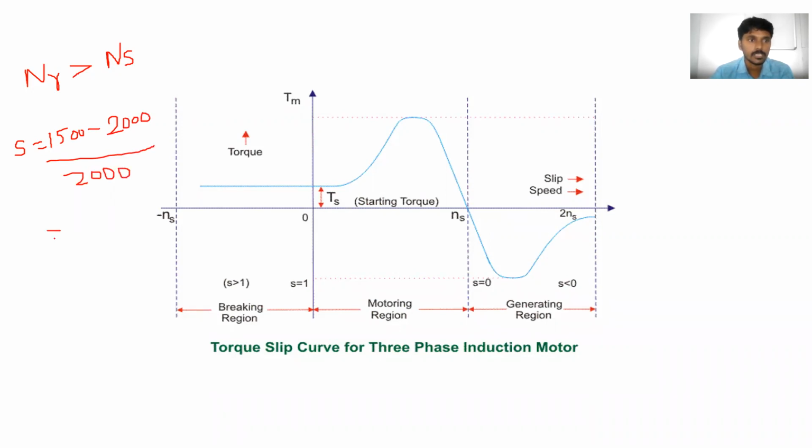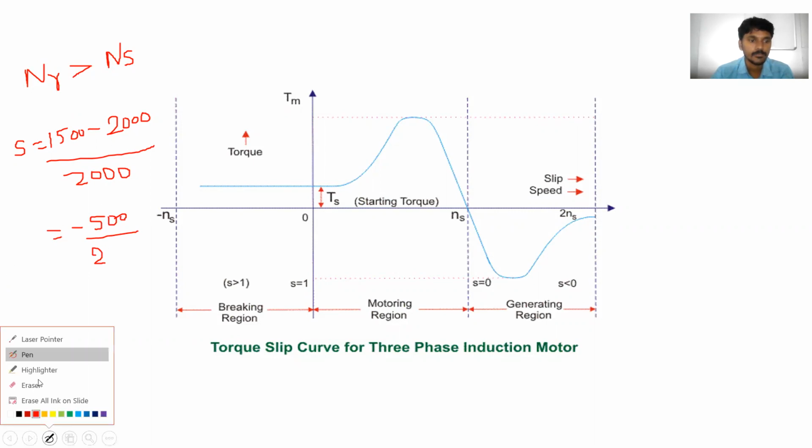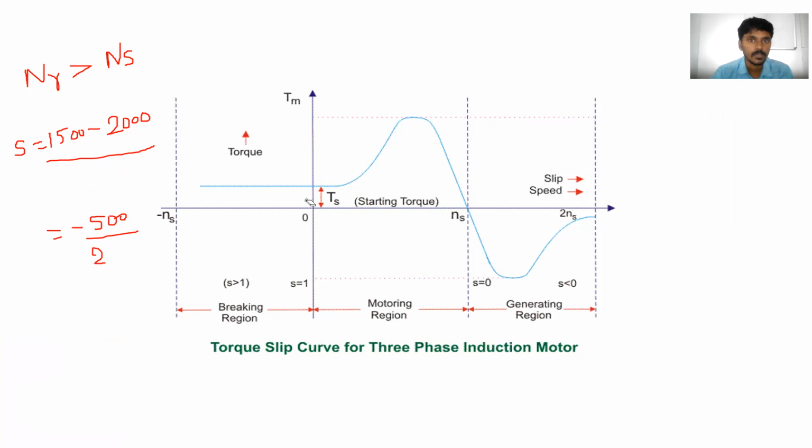So here we get minus 500 divided by 1500.